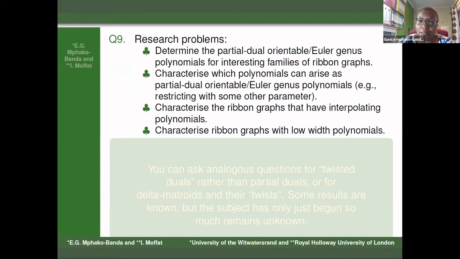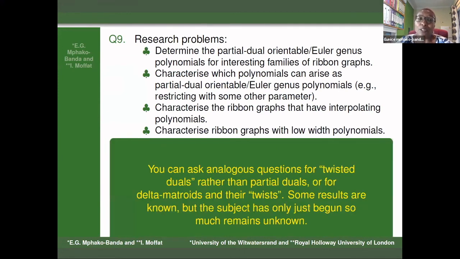And also, these questions which I've put here, you can ask analogous questions for twisted duals rather than for partial duals, or for delta matrices and their twist. Some results are known, but the subject has only just begun, so much remains unknown.